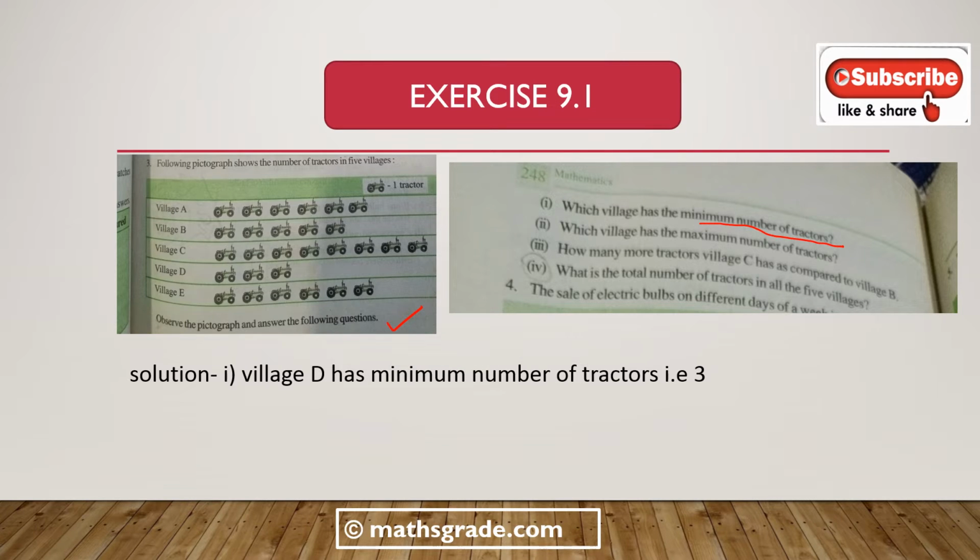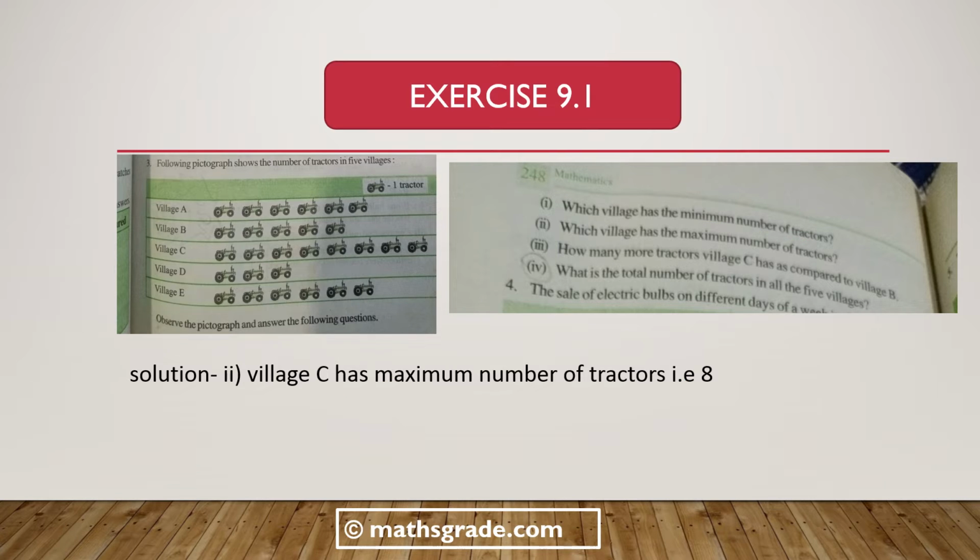Looking at the pictograph, we see that village D has the minimum number, that is 3. So village D has the minimum number of tractors, 3 tractors. So the answer is village D.